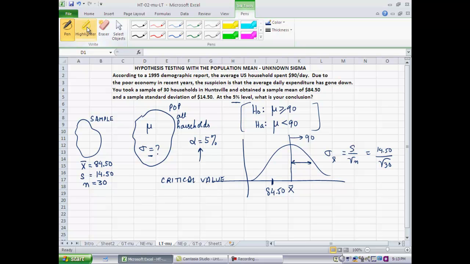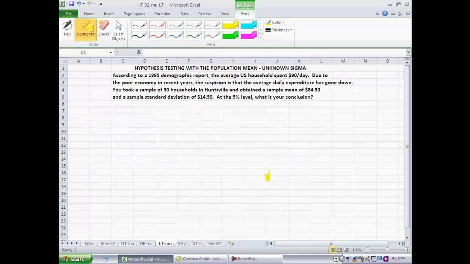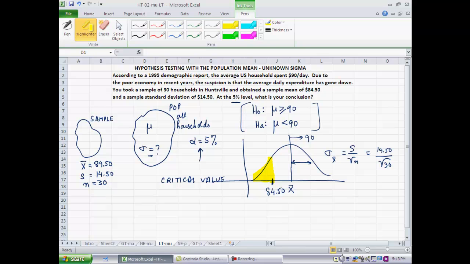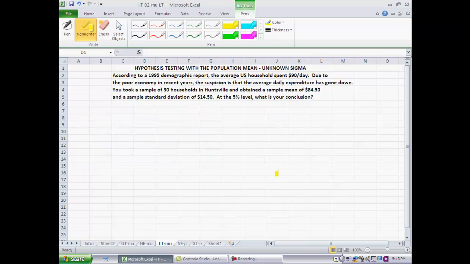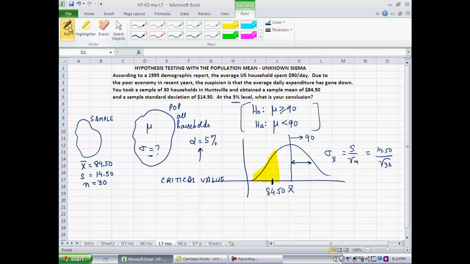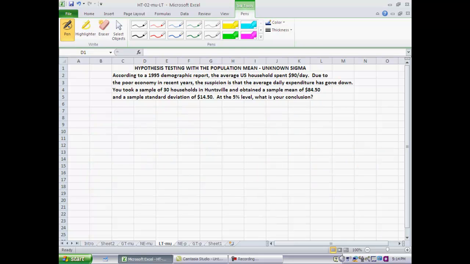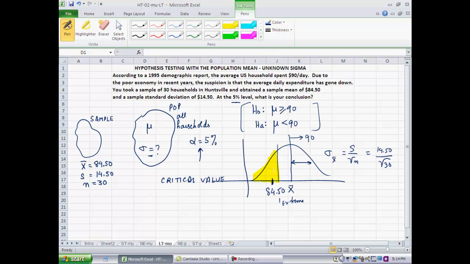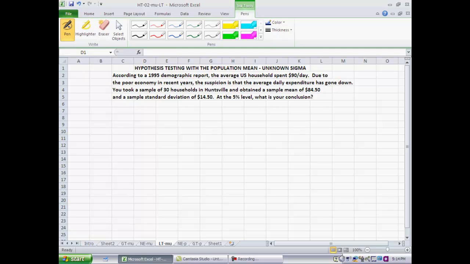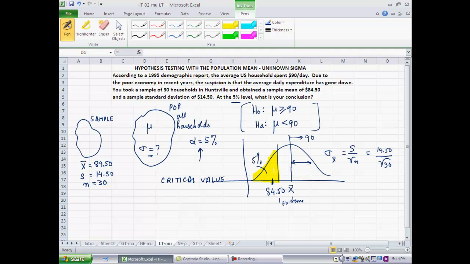I'm saying that for this particular hypothesis, the claim and the counterclaim that we have, I'm willing to accept a value as extreme provided the area to the left is 5%. This is a left-sided test, you can see, because the alternate hypothesis is mu less than 90. So I'm willing to accept any value as extreme as long as it is to the left of this critical value.